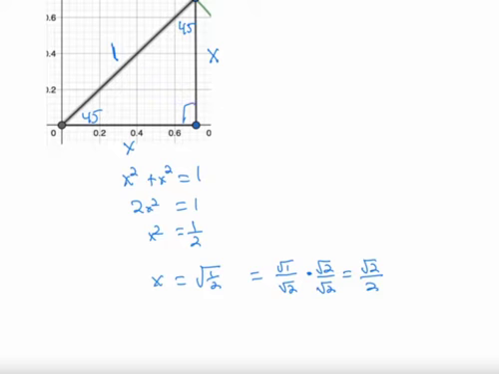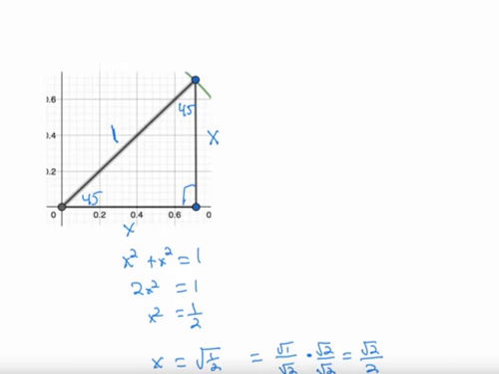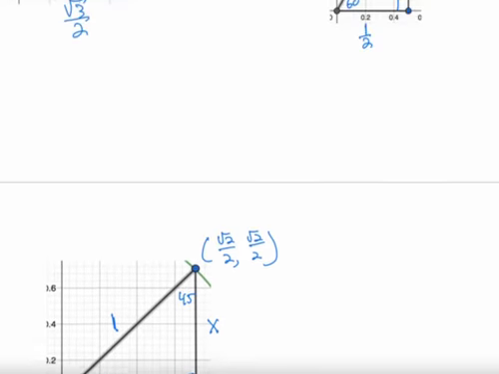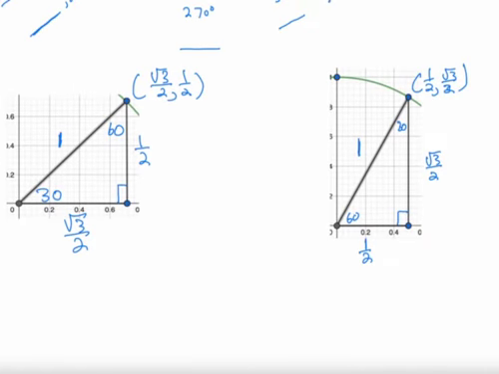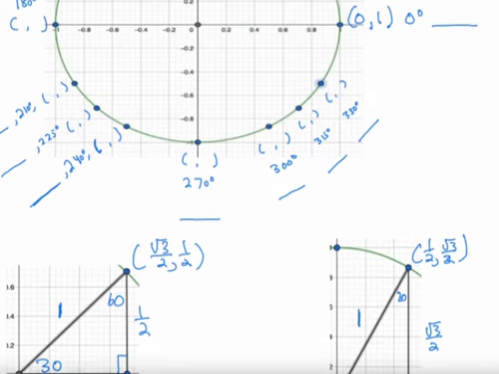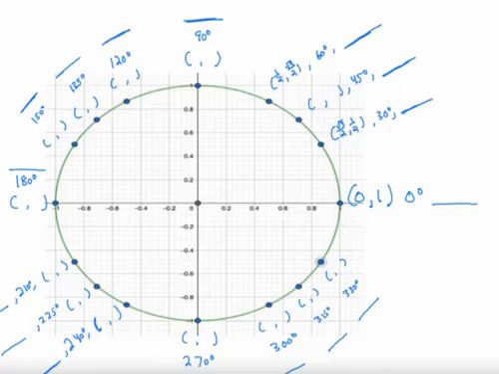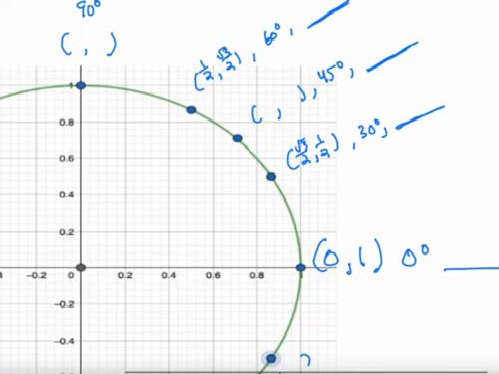Each of these x's is square root of 2 over 2, and that means I know the coordinates, and I can fill them in at the top. So I get square root of 2 over 2, square root of 2 over 2.